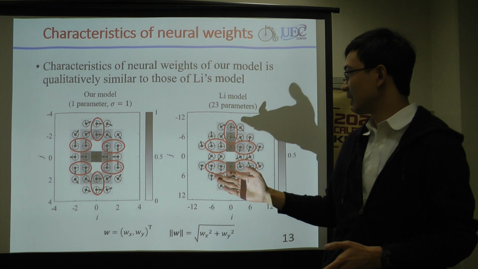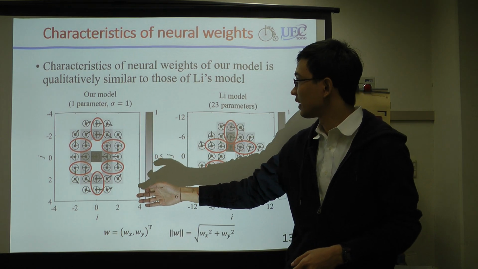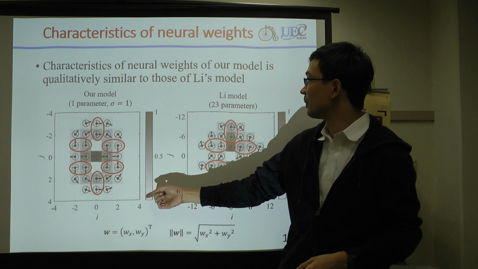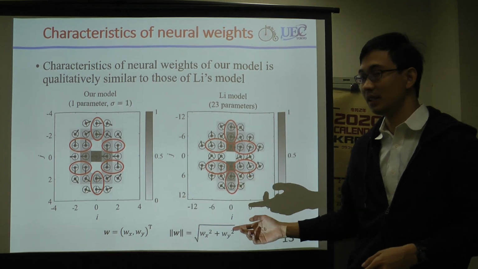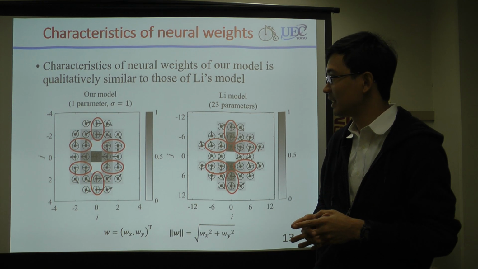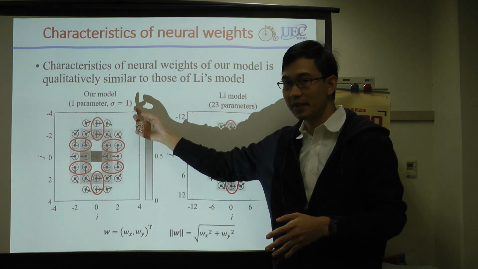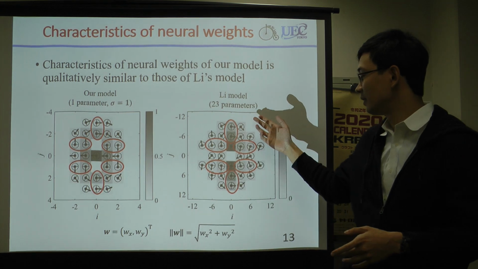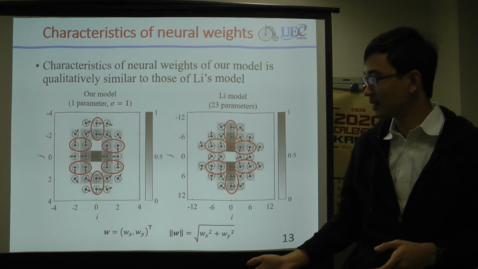So you can see that the characteristics of the neural weights of our model and Lee's model are qualitatively similar. However, the advantage is that our model only requires 1 parameter, whereas Lee's model requires 23 parameters.